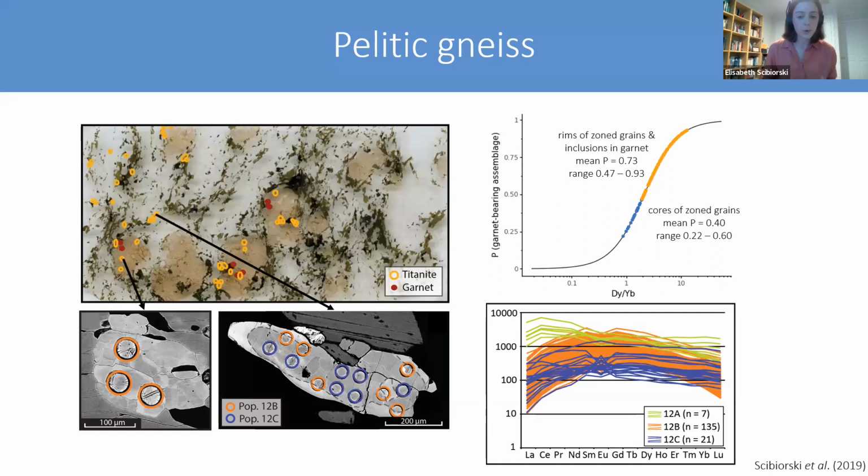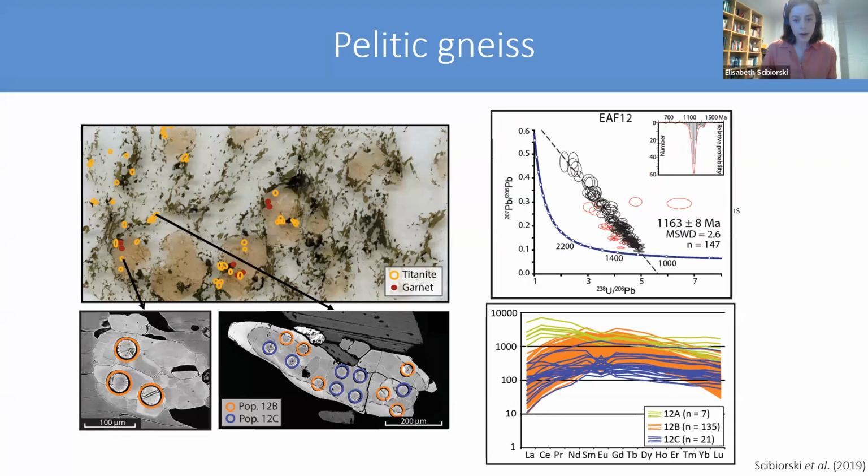This really supports the interpretation that you might have already made based on the texture of the titanites, which is that what you're seeing here is titanite crystallization that spans across the interval of garnet growth, both predating and post-dating the appearance of garnet. Now, when the uranium-lead data from the titanite in this sample yields a consistent uranium-lead age of 1163 million years, this basically tells you that this is coeval with the crystallization of garnet in this sample.